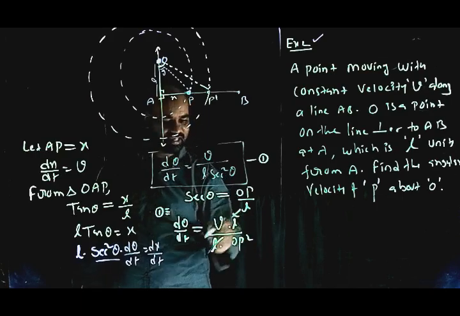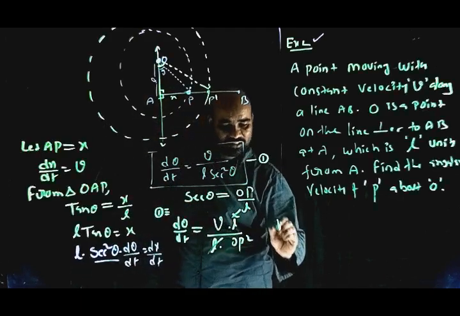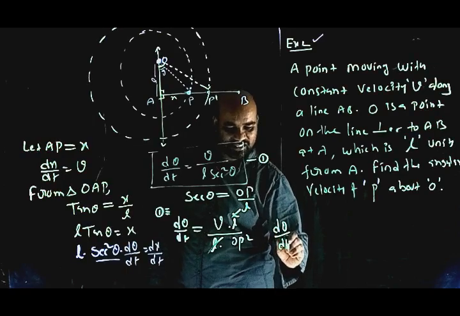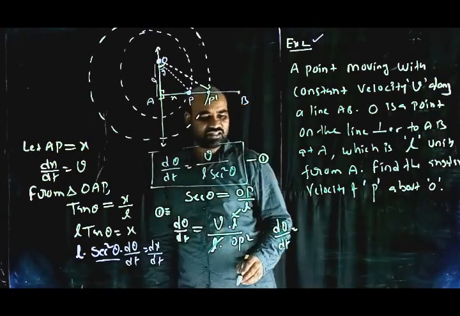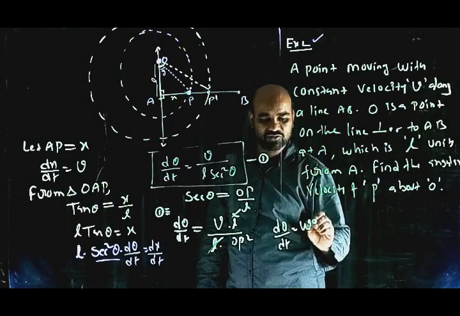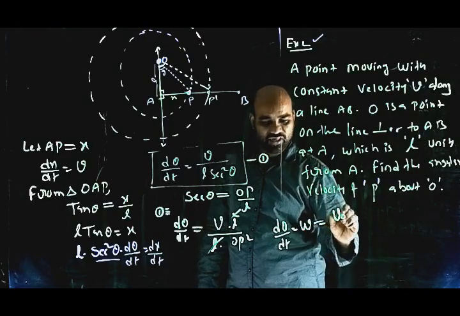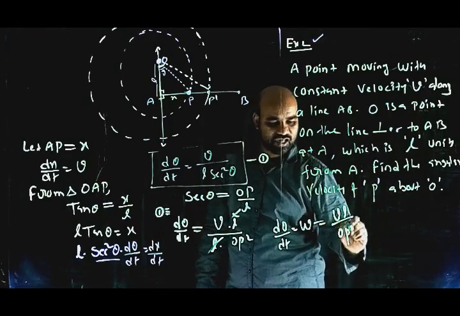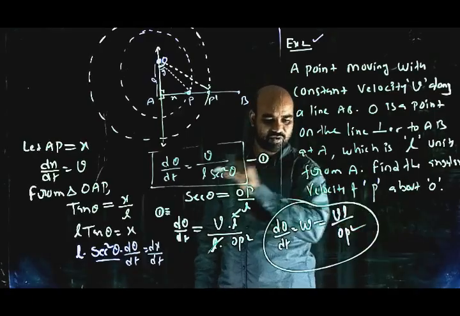One L gets cancelled. Finally, d theta by dt, or the angular velocity omega, equals VL by OP square. This is the answer for the problem.